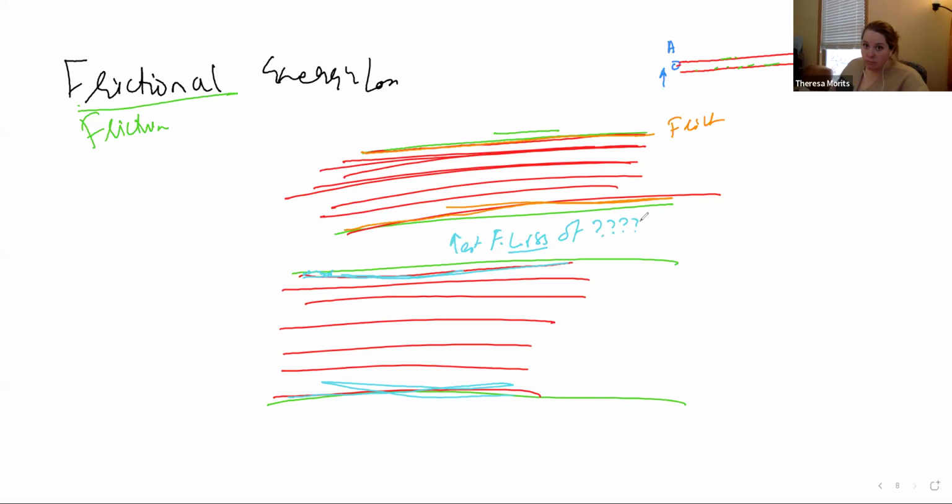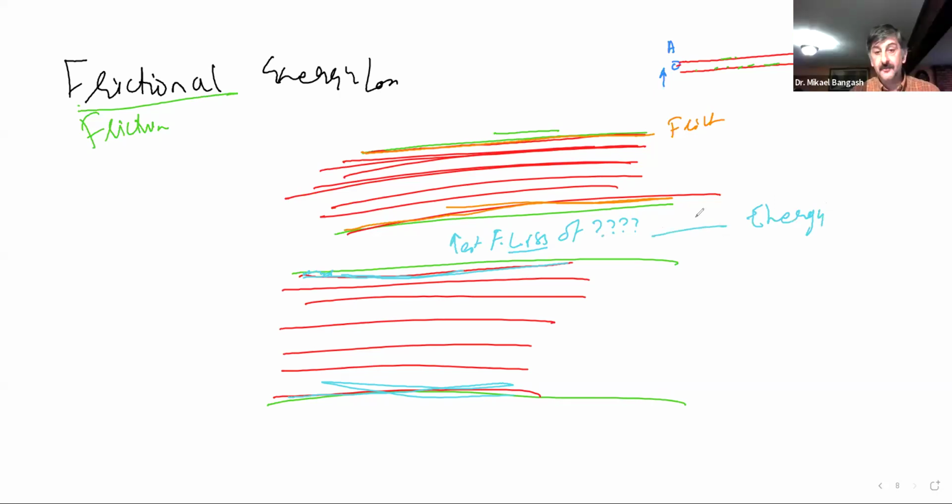Energy. Which kind of energy? Frictional energy? Nope. The loss is due to friction. So the reason we call it friction loss is because the loss is due to friction. That's why we call it a frictional loss.